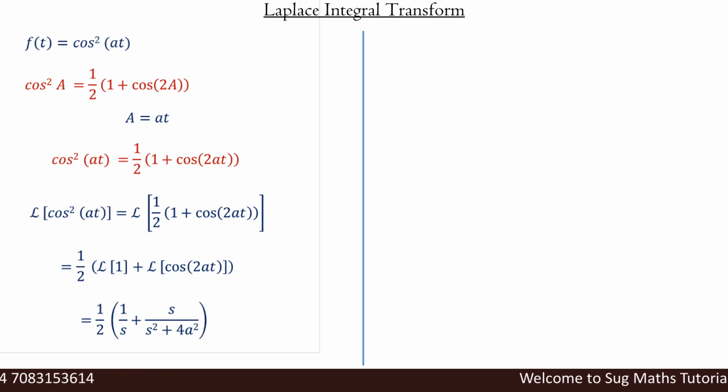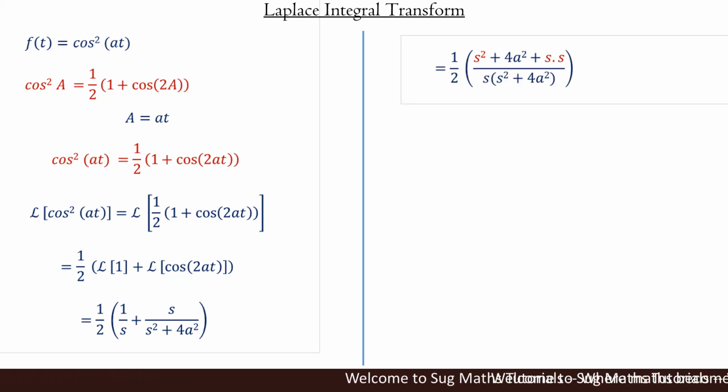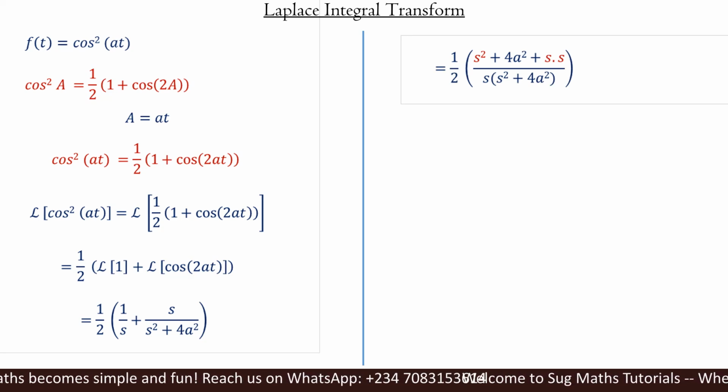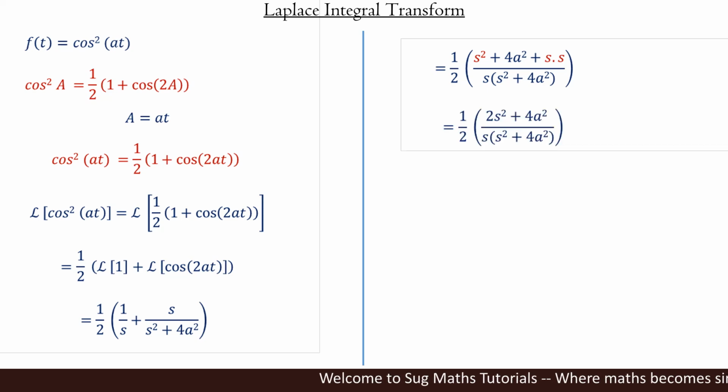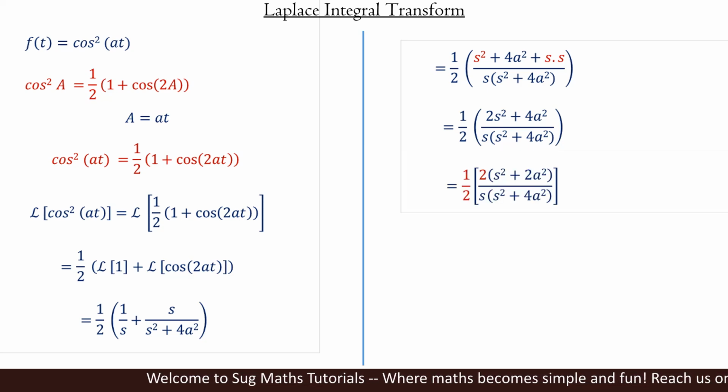When we combine it together, we're going to have 1 all over 2 open bracket s squared plus 4a squared plus s squared. That is s times s, right? Good. Now the numerator, let's add up. We're going to have s squared plus s squared giving us 2s squared, then plus 4a squared. So here we have 1 all over 2 open bracket 2s squared plus 4a squared. Let's factor out 2 in the numerator: 2 open bracket s squared plus 2a squared.